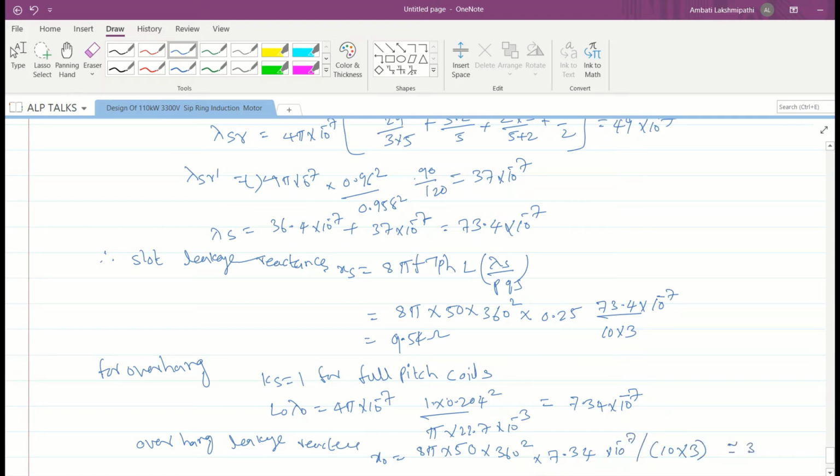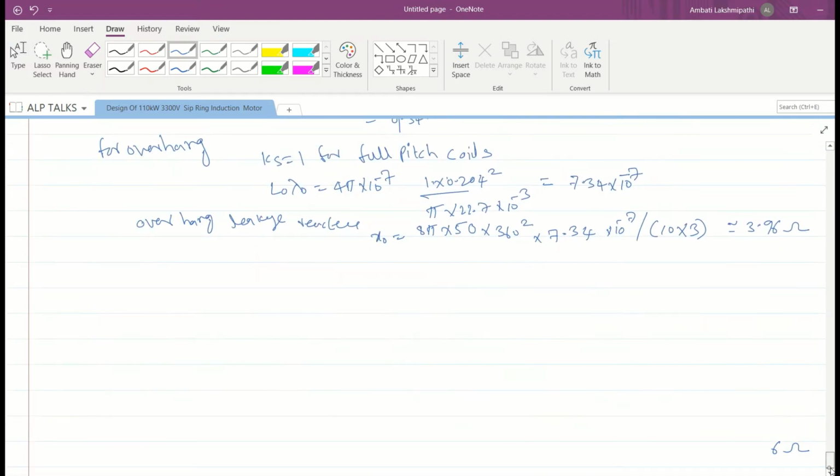We will get this value as 3.96 ohms. Next, let's calculate the magnetizing reactance.